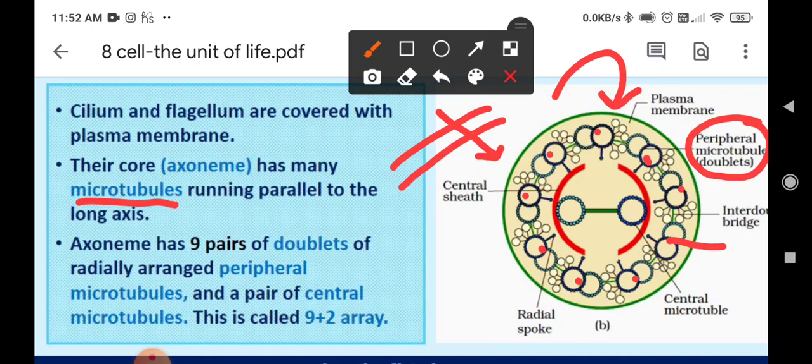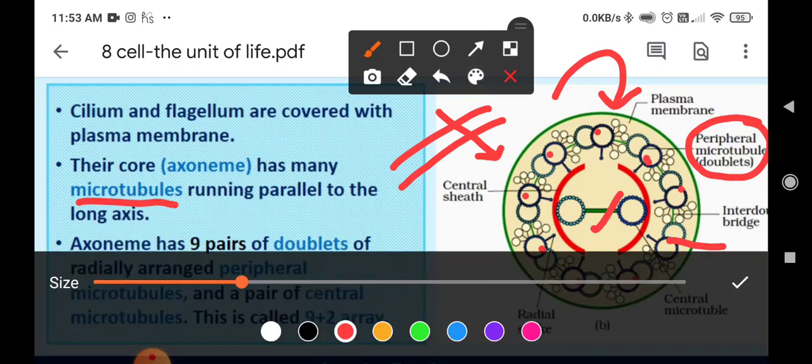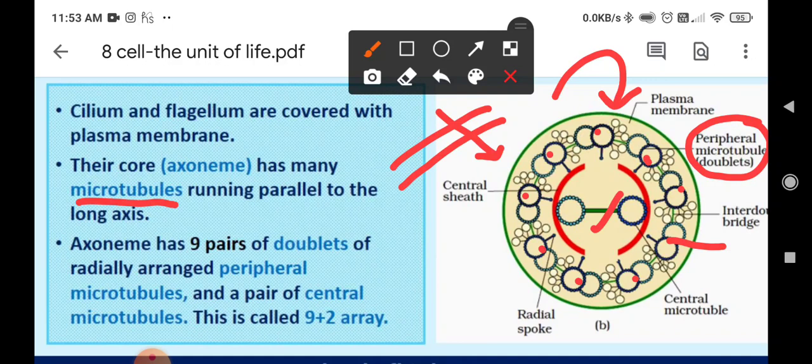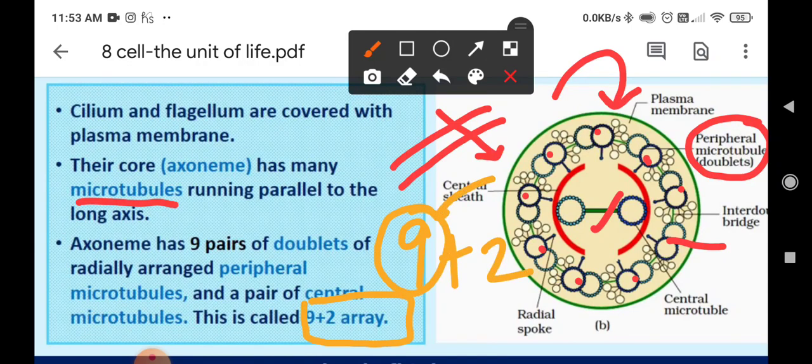The outer doublets are known as peripheral microtubules because they are on the periphery, or outer side, and a pair is present in the center, known as the central microtubule. This whole arrangement is known as the 9 plus 2 array. So the structure of cilium and flagellum can be explained as 9 plus 2 because 9 doublets are arranged on the periphery and 2 are present in the center.